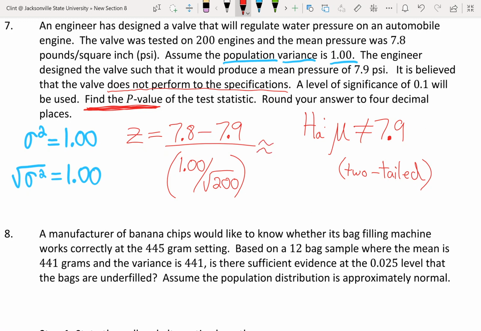So that's going to come out negative 1.41.